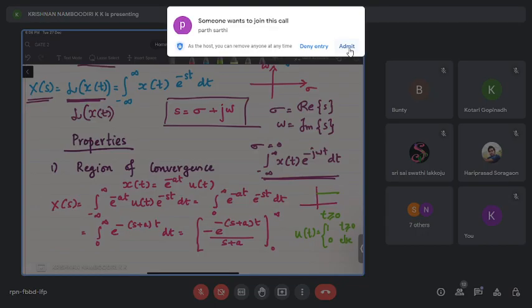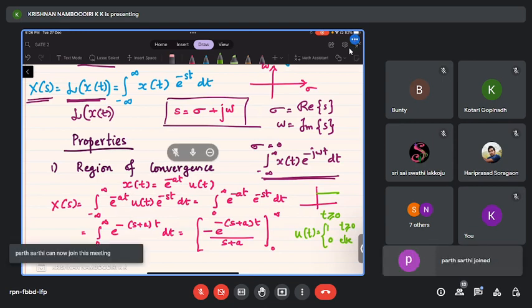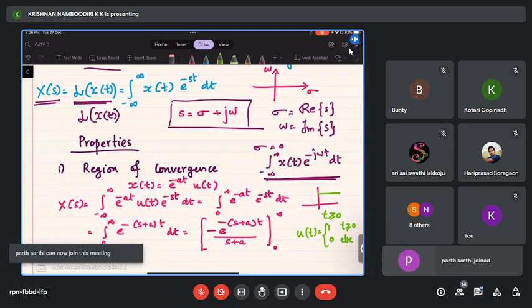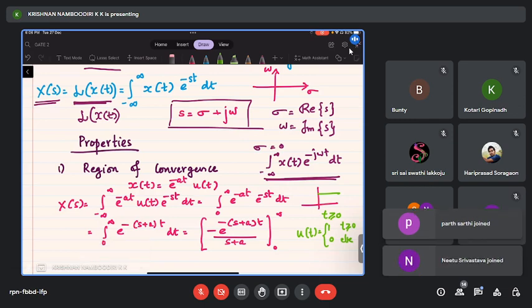That means when t is a negative real number, u of t will take value 0, and whenever t is non-negative, u of t equals 1. That is the well-known unit step function.